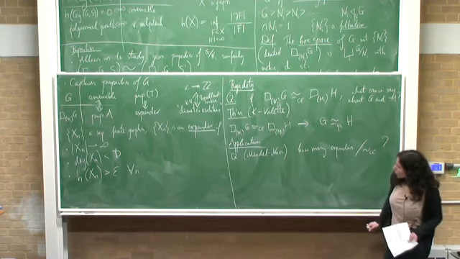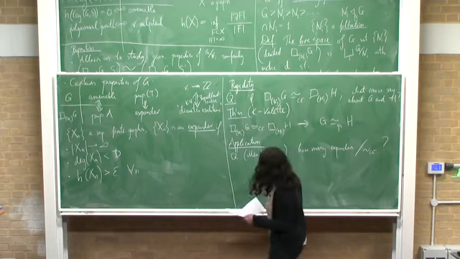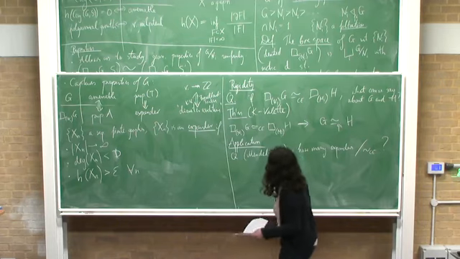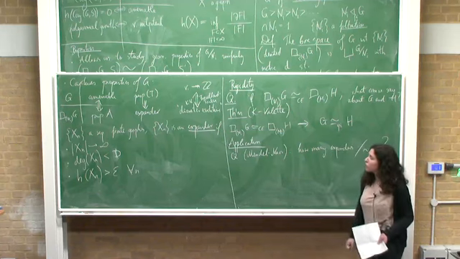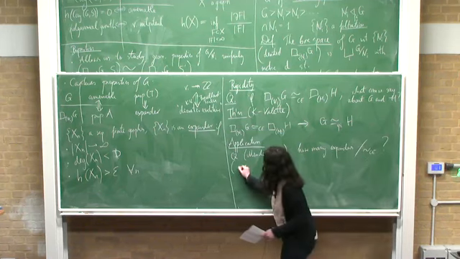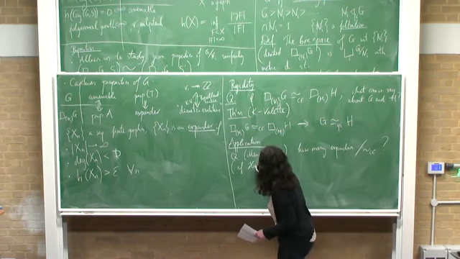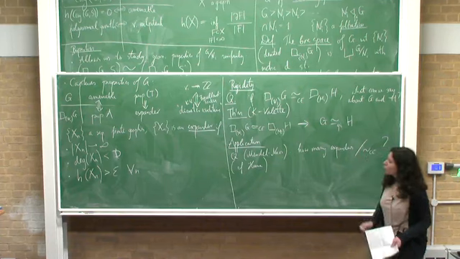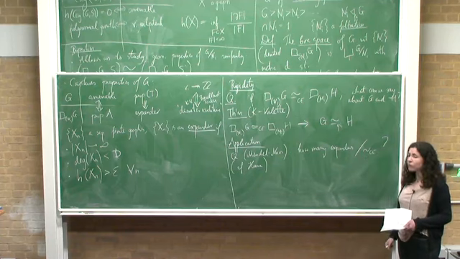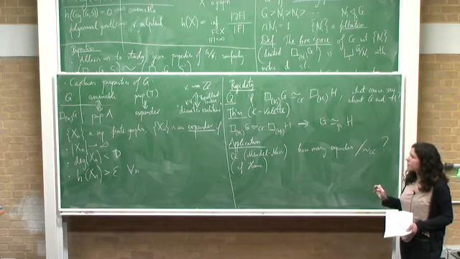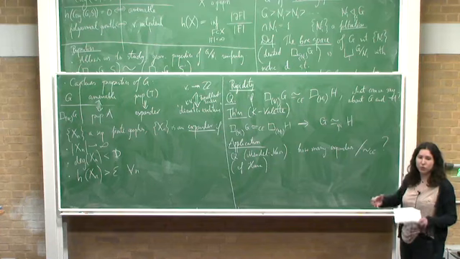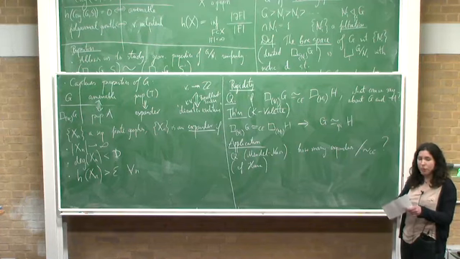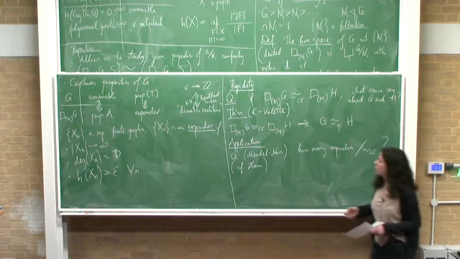So this question was open, and some progress was made on it by David Hume using a different method. He used separation profiles to show that there exist infinitely many coarse equivalence classes of expanders of large girth, so those for which the size of the minimal loop tends to infinity.